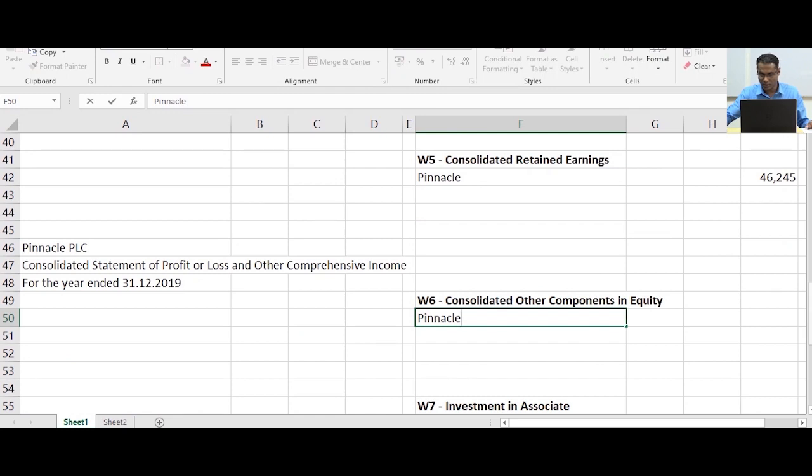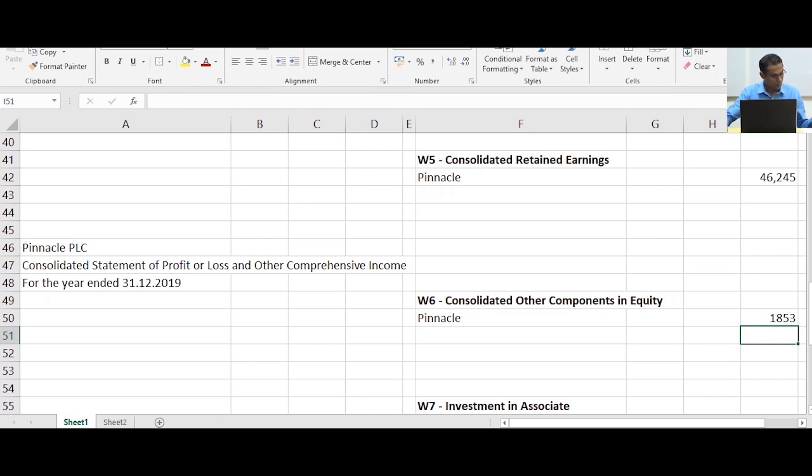Pinnacle's figure is how much? 1853. There are some figures which I had to change to make sure the arithmetic is correct. So it is 1853, but what was mentioned in the question is 853, but I made it 1853. In my tute it's clearly mentioned.